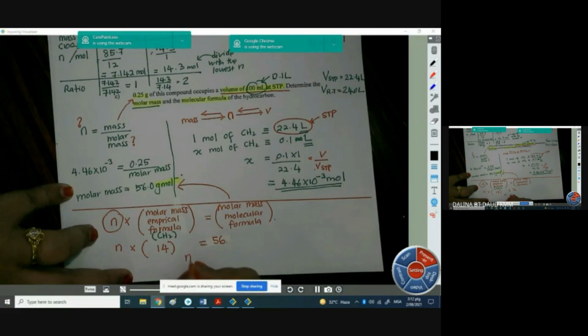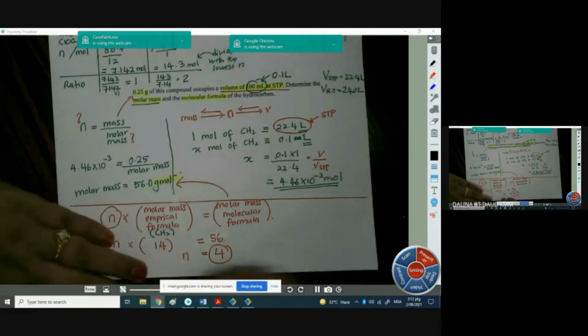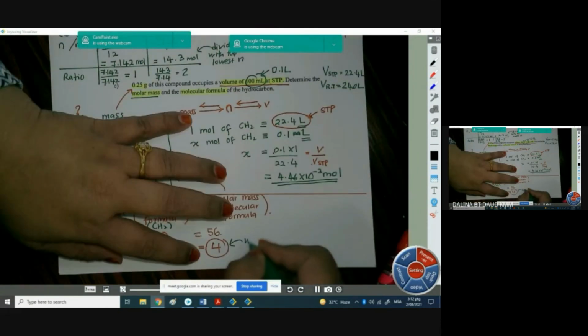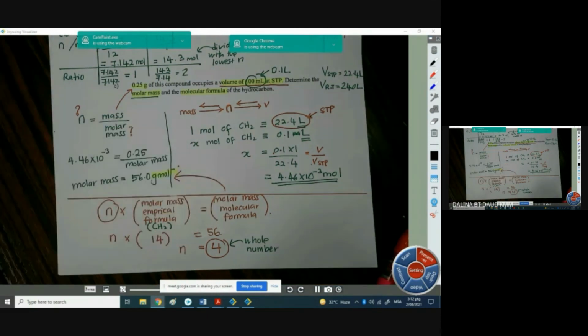N equal to 56 divided by 14 equals 4. So kalau kamu dapat pecahan, perpuluhan, biasanya N ni mesti whole number, nombor bulat. Dia tak boleh letak 4.1 ke 3.9, tak boleh. Kalau 3.9 you kena bundarkan jadi 4.